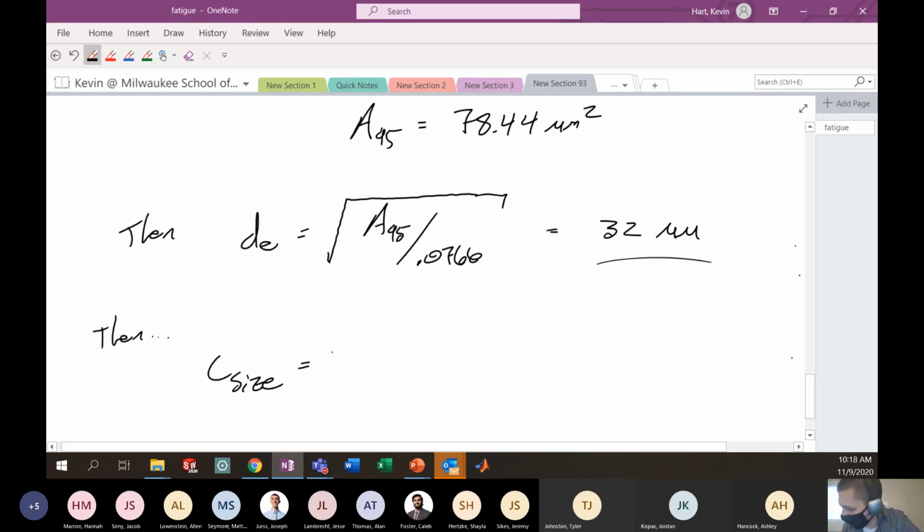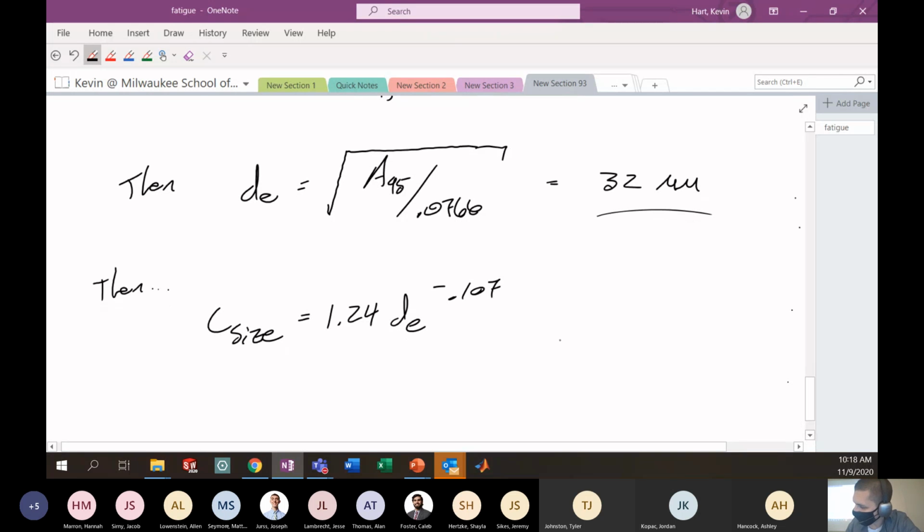This is 1.24 times the effective diameter to the negative 0.107. Here we're using effective diameter in millimeters. It's not really stated well in the chart, but you need to use millimeters for this calculation to work.